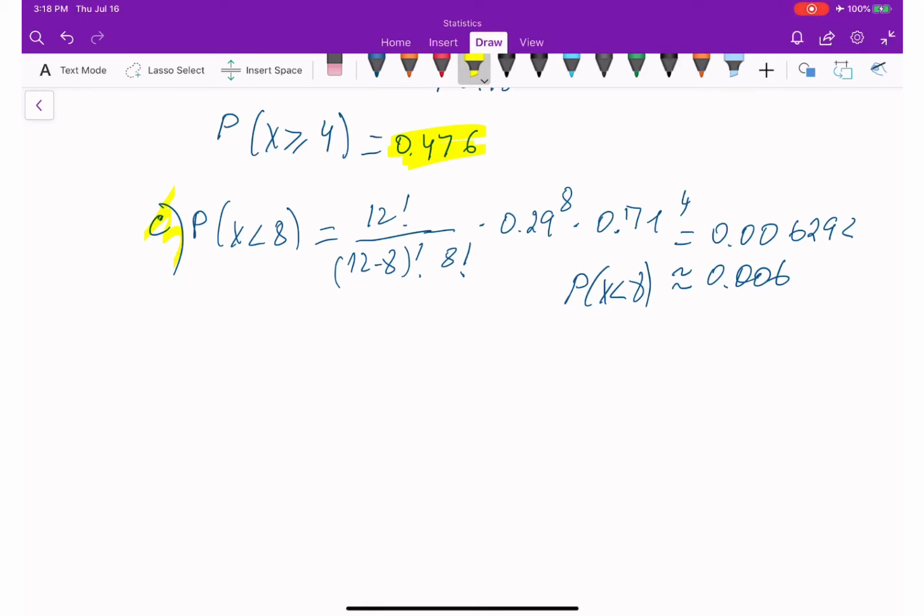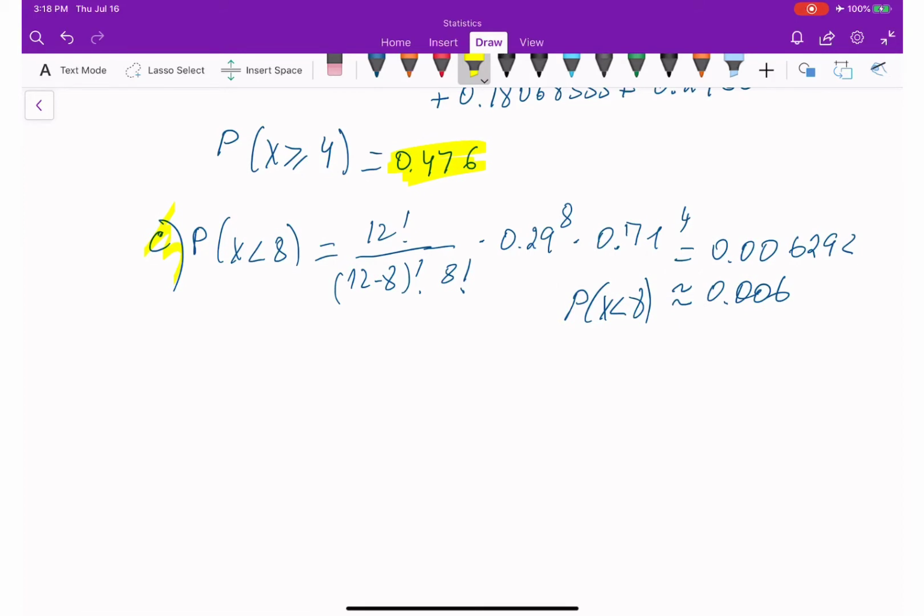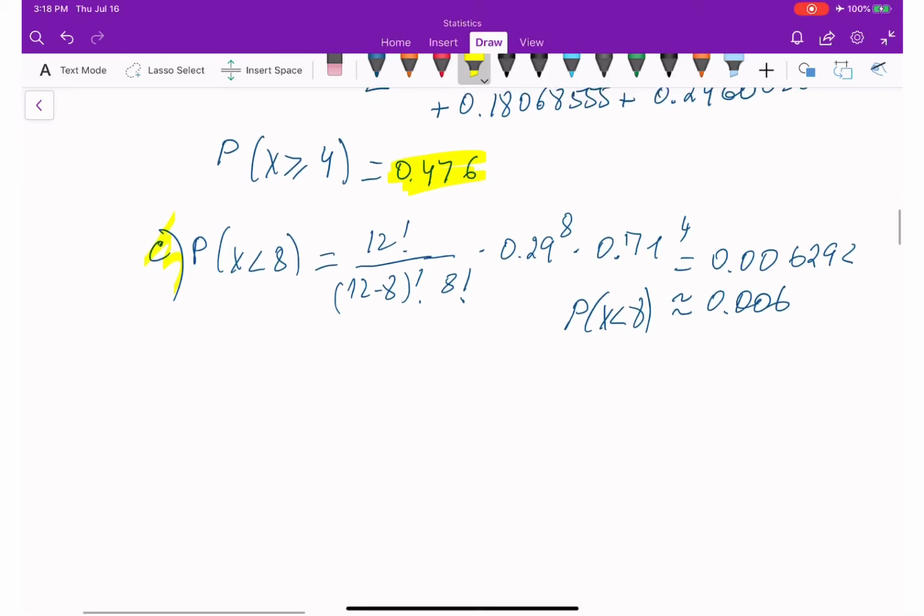Since we have less than 8, so we need to find, hold on. Let me write down here, explain to you what we are going to have. Okay, we need to get less than 8, right? So this is what we have, it's equal 8, because I plug specifically 8.